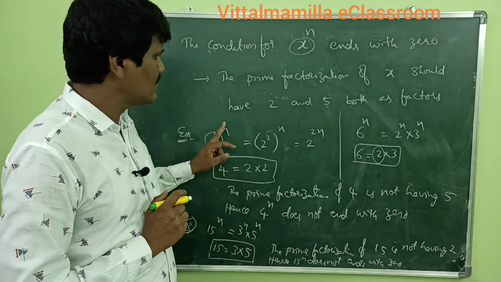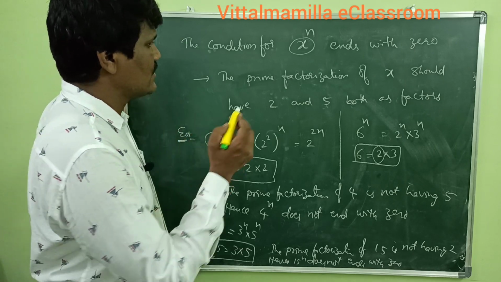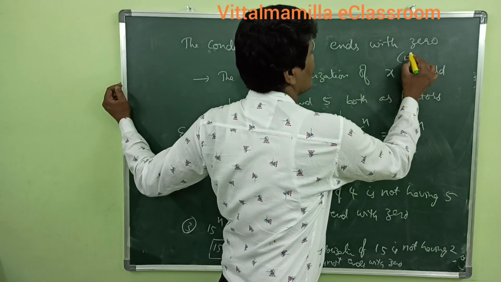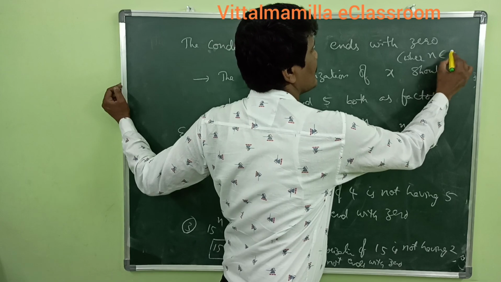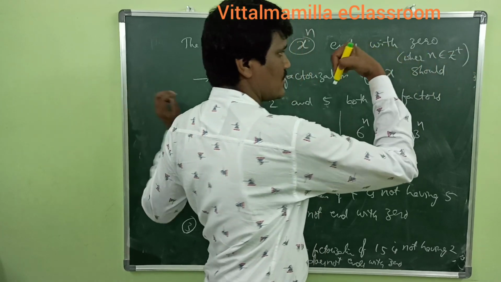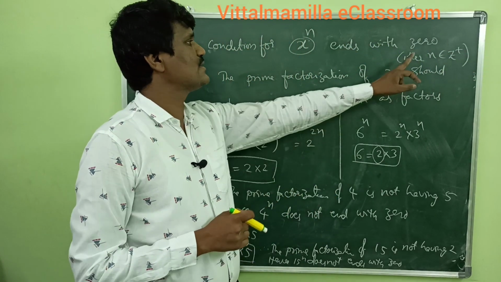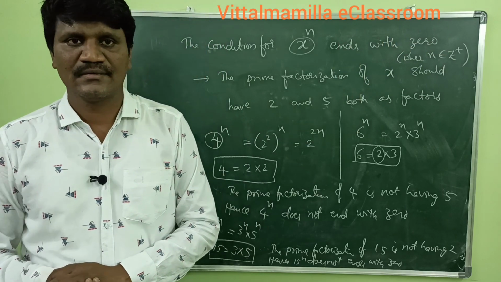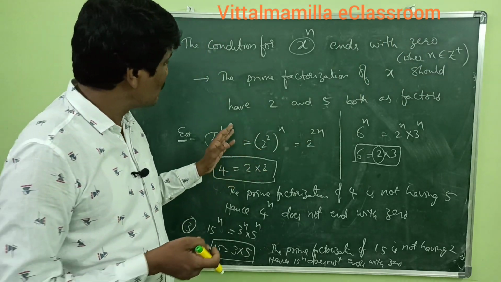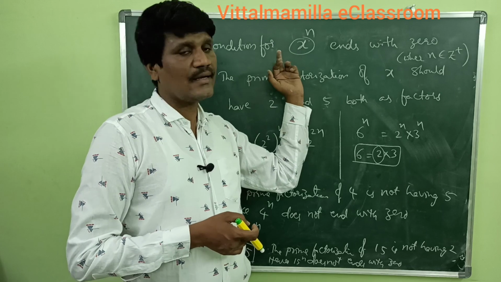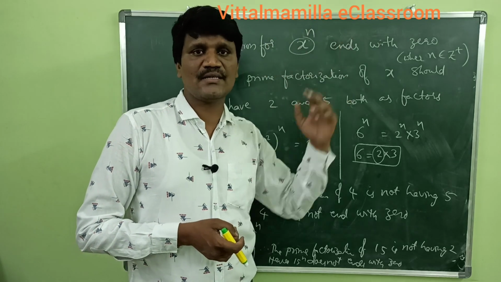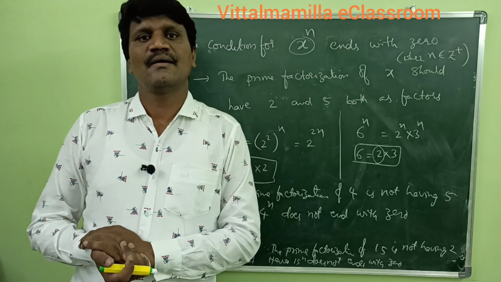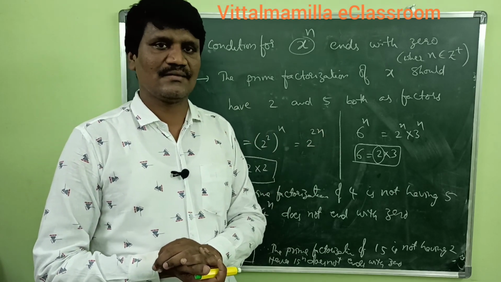What is n here? n is any positive integer. So this is about the condition for x power n ends with 0, where n is any positive integer.